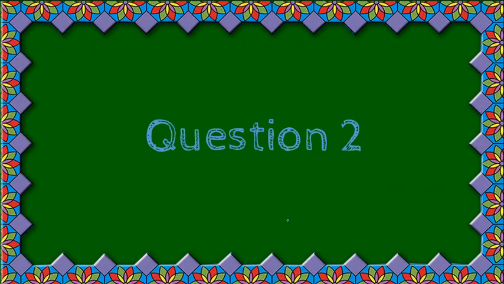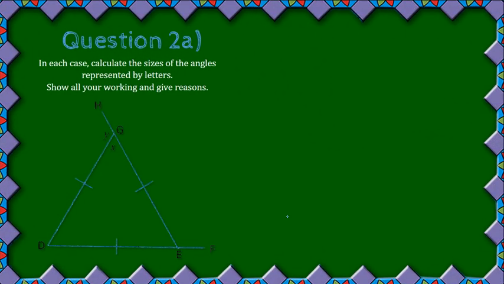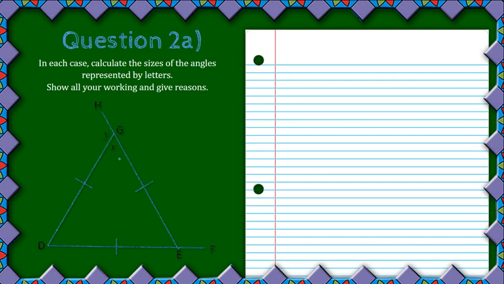Okay, now for question 2. 2a, in each case calculate the sizes of the angles represented by the letters, show all your workings and give reasons. Okay, so here we again say statement and reason, and notice that all three sides of this triangle are equal.